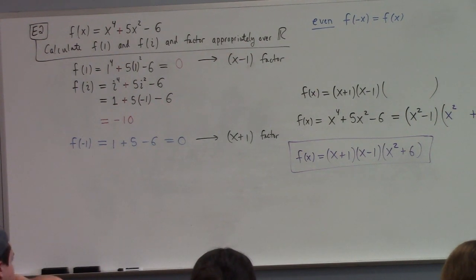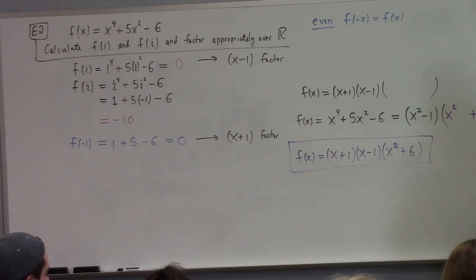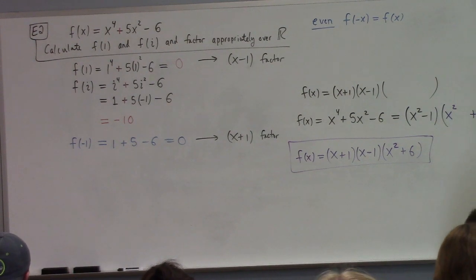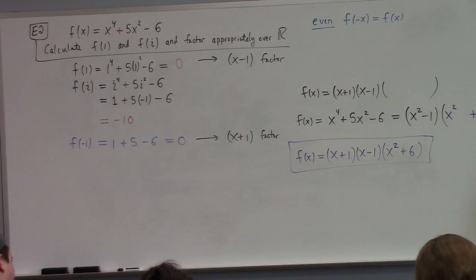But that said, for this kind of example, there's another way to solve it. Let's look at example 3. What if I'm up against something like f of x equals x to the 4th plus 3x squared minus 2?